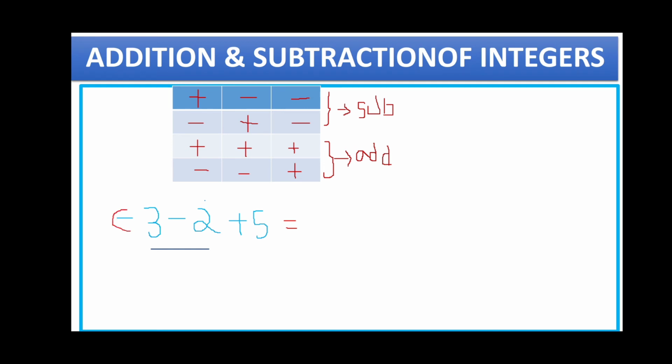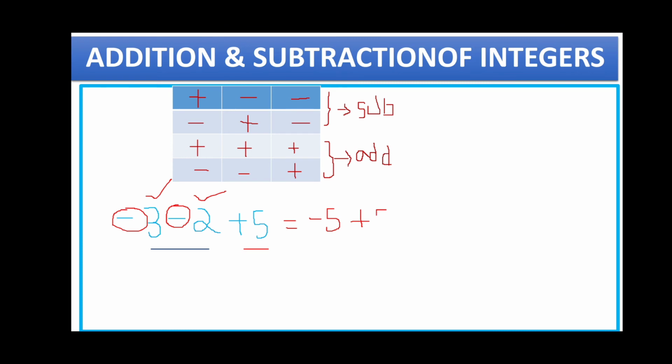We have to do addition. 3 has minus and 2 also has minus, so we have to do addition as both the integers have the same signs. If you add 3 plus 2, it gives 5. But what sign are you going to assign for that value? Minus, because both have the same signs. Next, what is the next one?